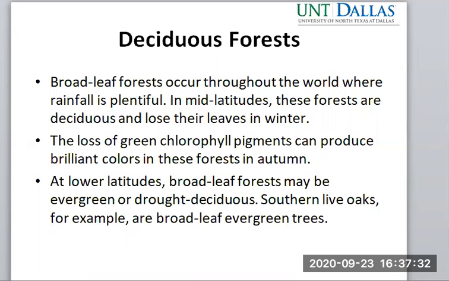North American deciduous forests once covered most of what is now the eastern half of the United States and southern Canada. Most of Western Europe was once deciduous forest, but it was cleared 1,000 years ago.